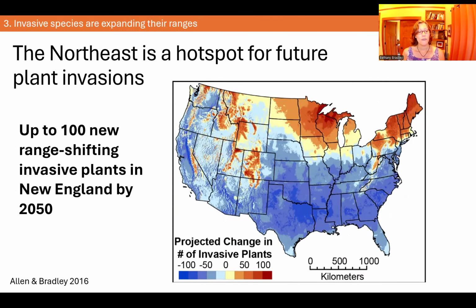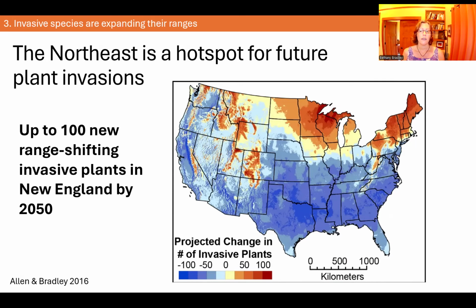So this study from 2016, led by Jenica Allen, was an analysis of almost 900 different invasive plants across the continental US. And the goal was to figure out where they might shift with climate change. And so this is all of those 900 species basically stacked on top of each other.